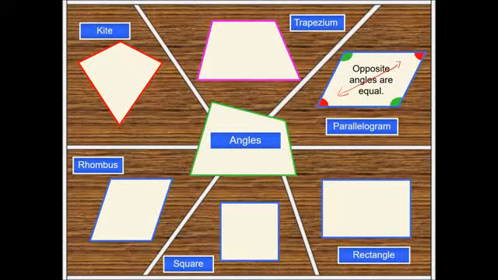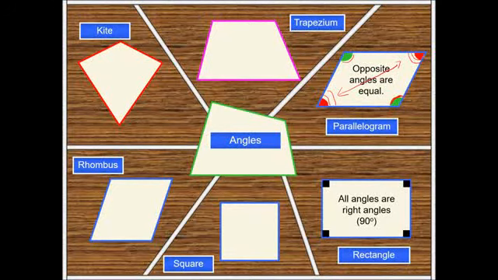If you don't have color to indicate it, we usually use a little symbol like one curve for these two and two curvy lines for those opposite angles.